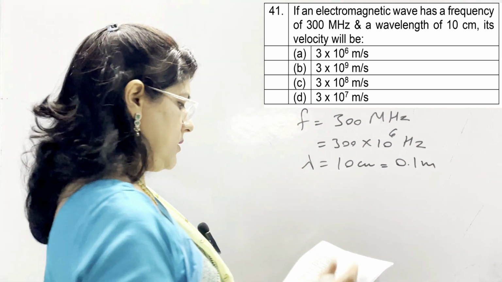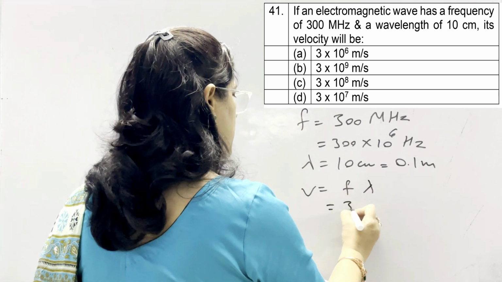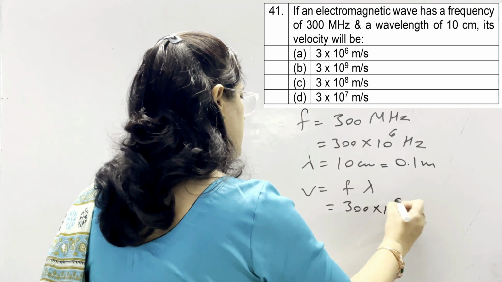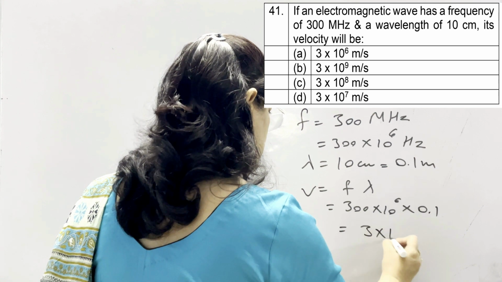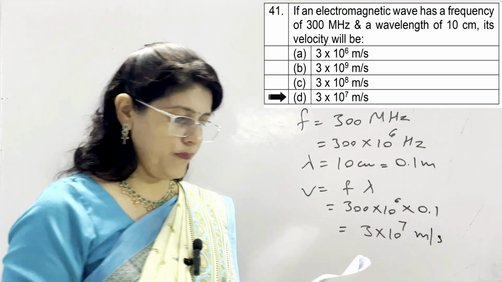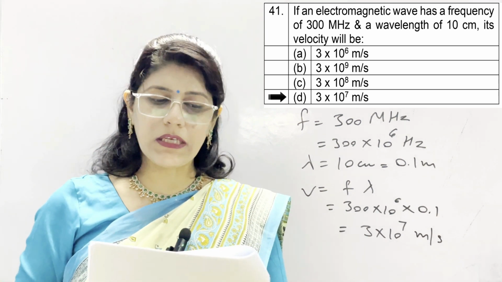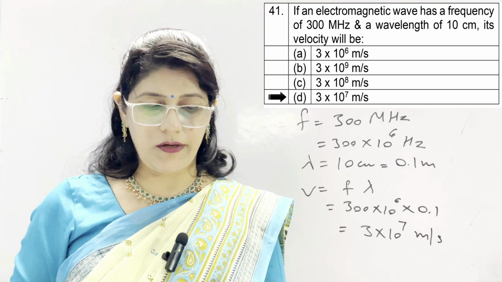Now its velocity, v is equal to f lambda. We just need to multiply these two values and the answer comes out to be 3 into 10 raised to power 7 meter per second. So the correct option is D, which is 3 into 10 raised to power 7 meter per second. Other options are incorrect.